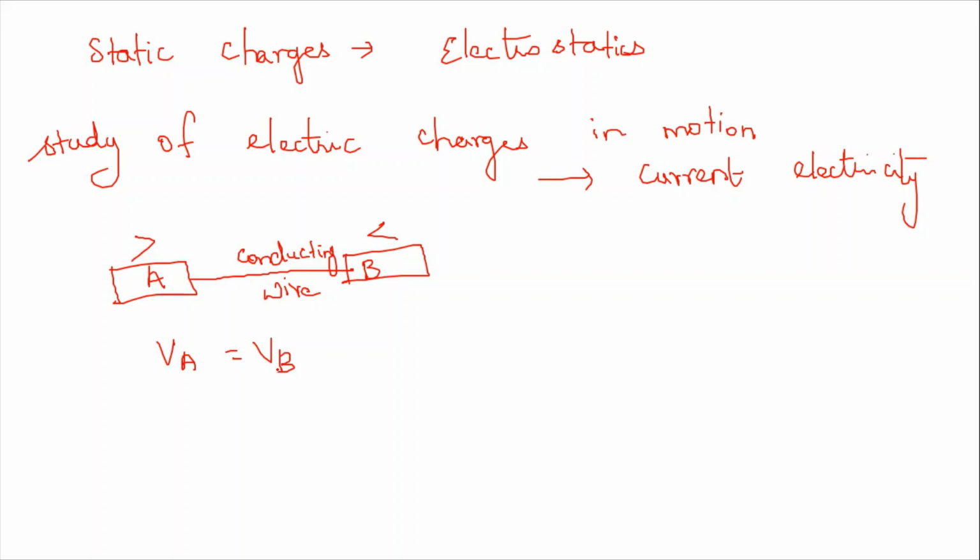So there is a flow of electric charges from the higher potential to the lower potential. This flow of electric charges constitutes electric current.